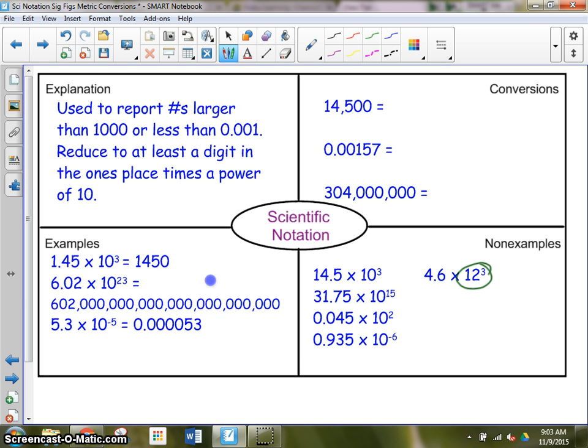So if we take a look at the top, we'll do some conversions here. Remember, big numbers, positive exponents, little numbers, negative exponents. In each case, I moved the decimal, so I had that single non-zero digit left of the decimal place, and the exponent becomes how many times I move the decimal.